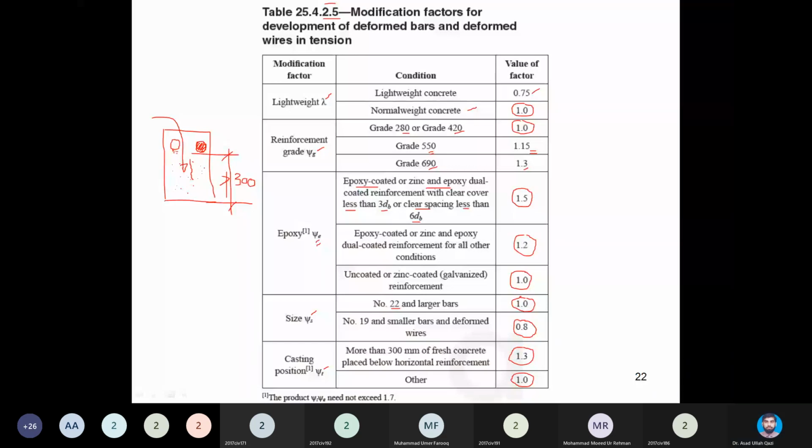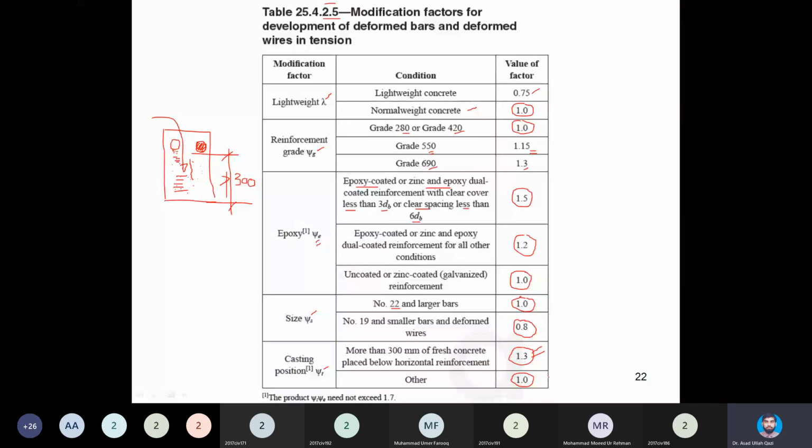Hence, it is understandable that the concrete in lower layers will be of good quality, and in upper layers it may be of slightly inferior quality. Hence, to adjust this drop in quality or drop in bond strength, this 30% enhancement is proposed.